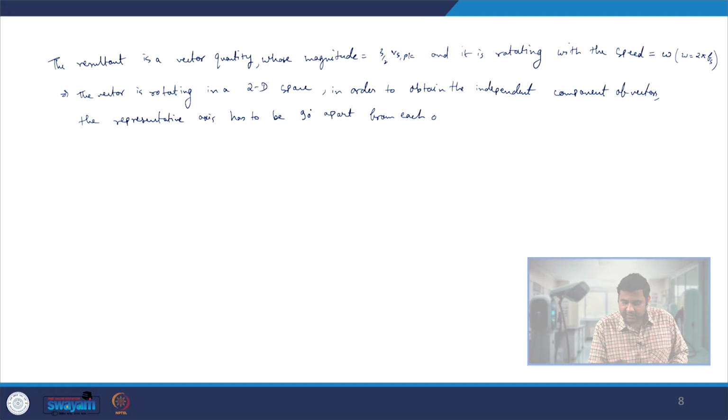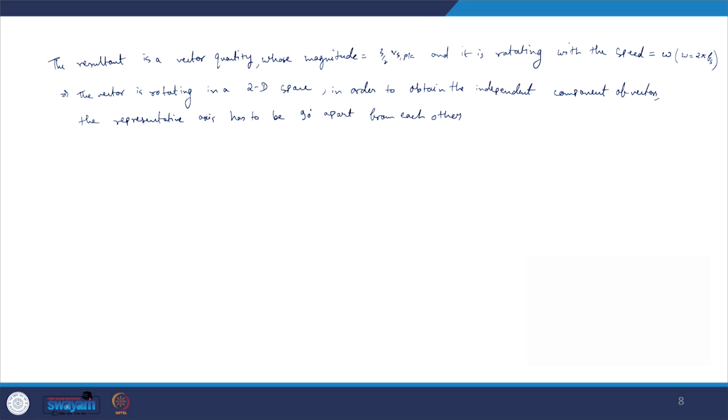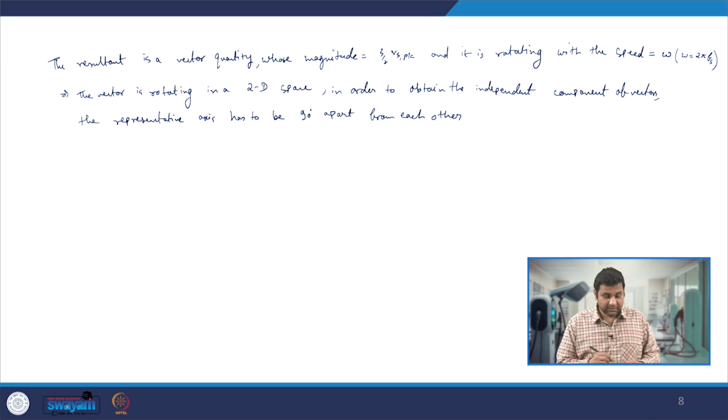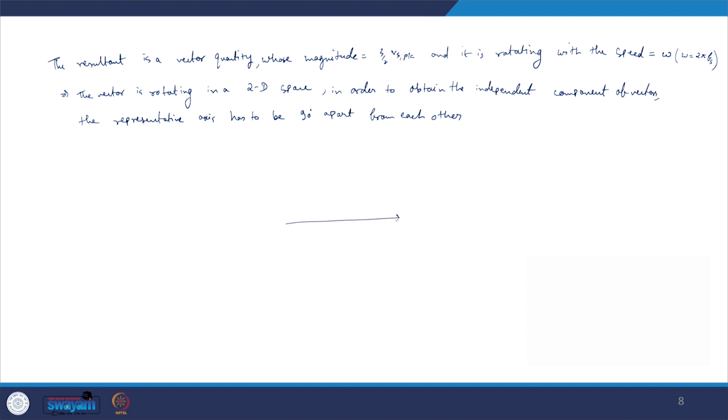What I mean by that is, if we define two axes which are 90° apart from each other, then the component of a quantity on one axis is completely independent of the quantity represented on the other axis. Let us see what I mean. We have already seen the A axis, B axis and C axis, displaced in space by 120°.